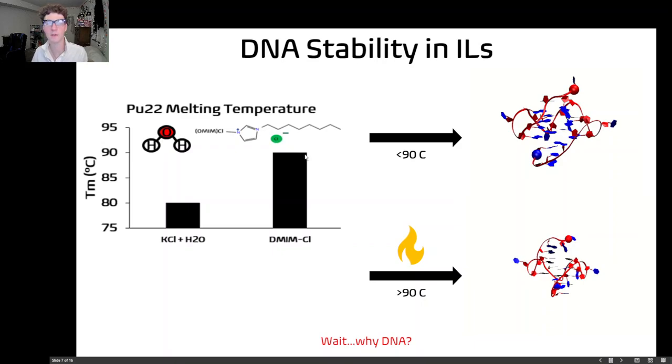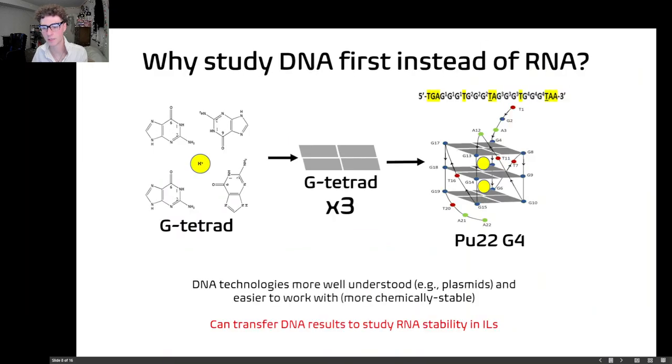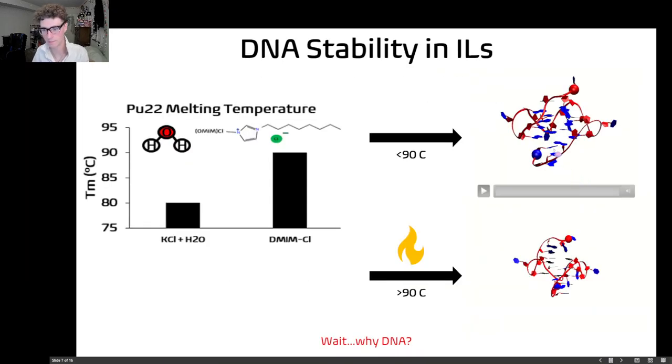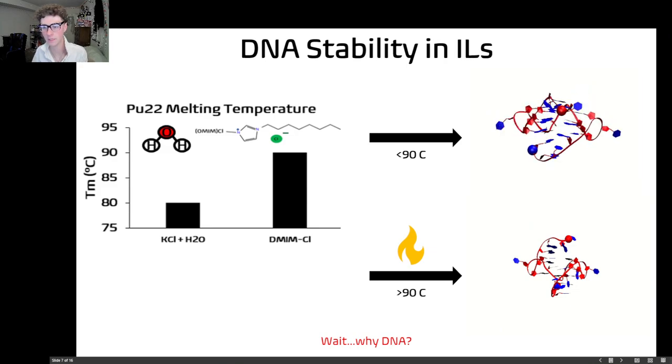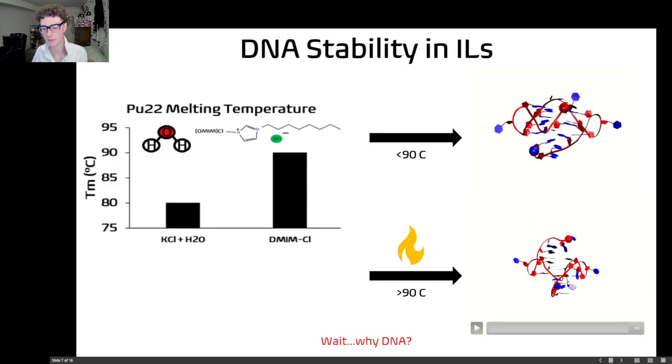Now, what does this mean? Melting temperature is basically the temperature required to separate a folded or double-stranded DNA into its single-stranded form. So like here, in OMIMCl, if the temperature is less than 90 degrees centigrade, the DNA is stable, it is folded.